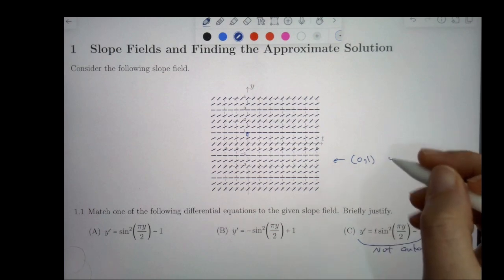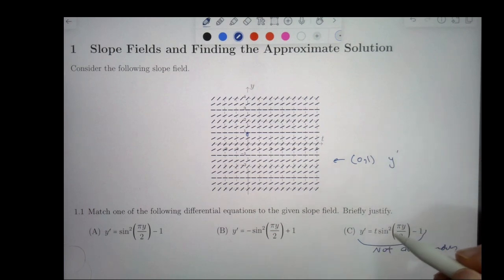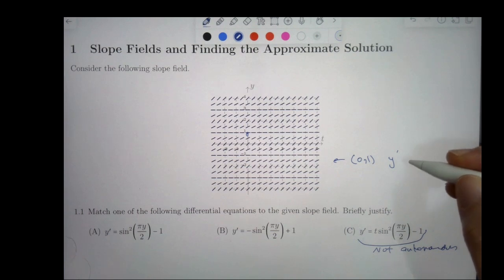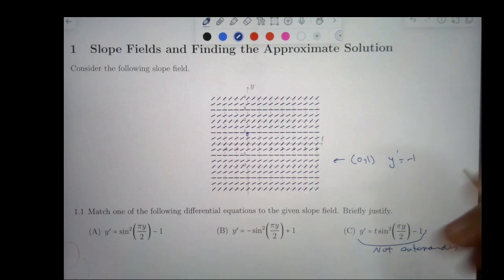If I test it in here, y prime is going to be 0 times sine of pi half minus 1, which is going to be minus 1.